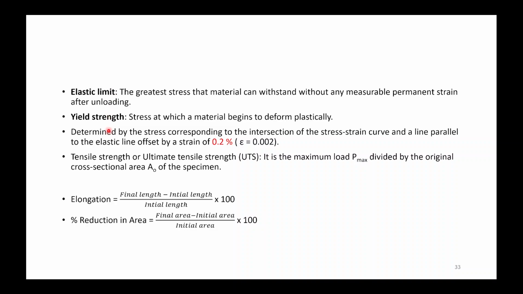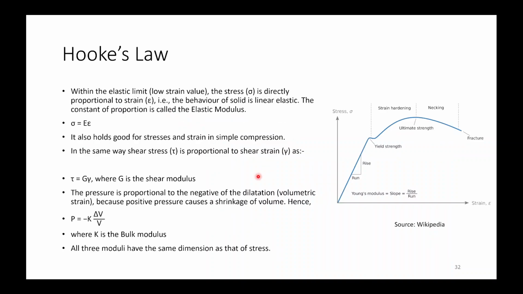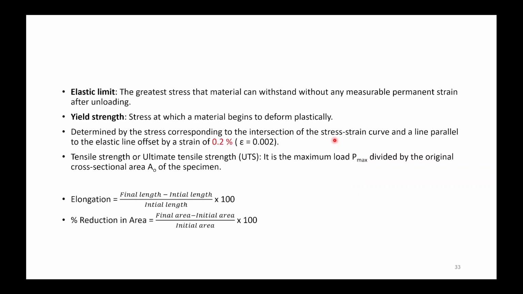Yield strength can be determined by the stress corresponding to the intersection of the stress strain curve and a line parallel to the elastic line offset by a strain of 0.2%. So we draw a parallel line from 0.2% strain, and where it intersects is given as the yield strength.